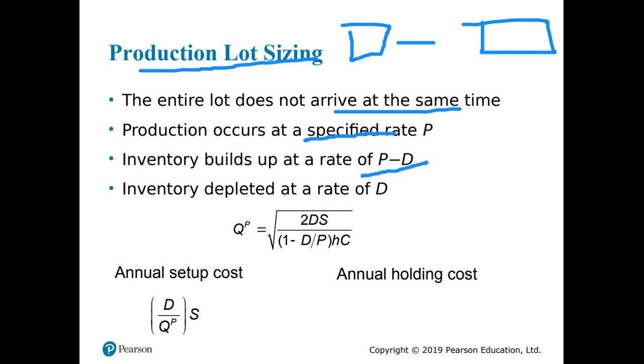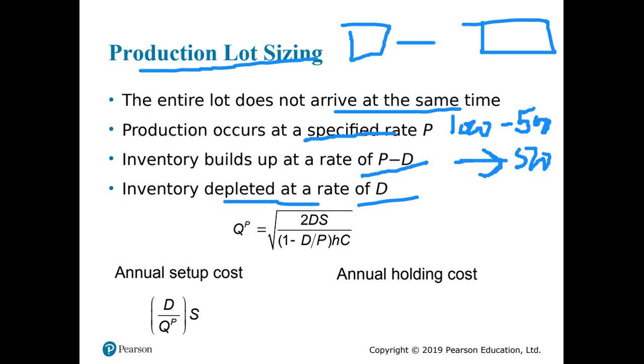We need to see how much inventory we are going to make and how much inventory has been delivered outside. Say we are producing 1,000 units in a day and we are delivering 500 units in a day. So our inventory buildup will be 500 per day.